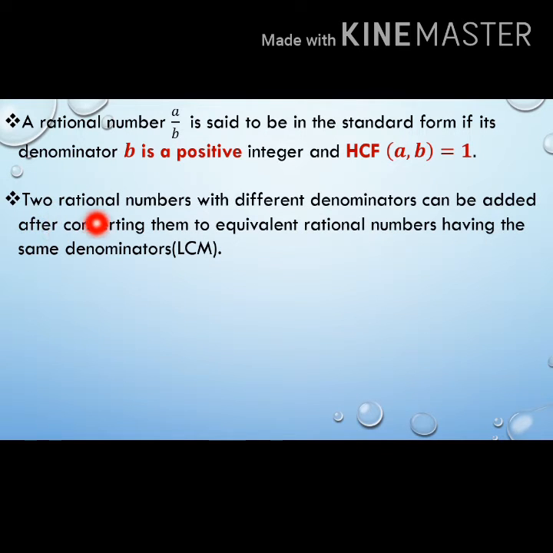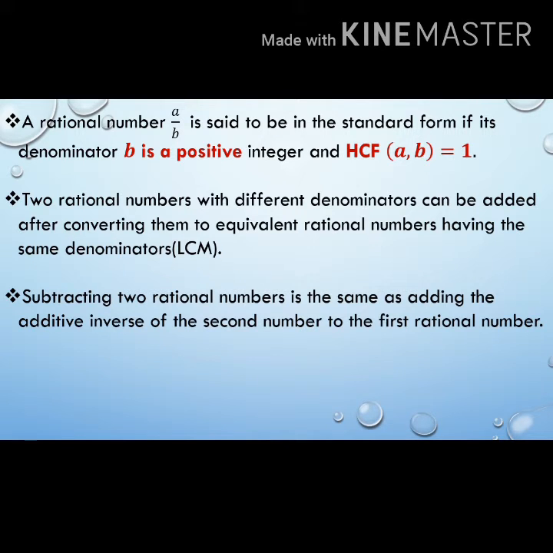Two rational numbers with different denominators can be added after converting them to equivalent rational numbers having the same denominators. Subtracting two rational numbers is the same as adding the additive inverse of the second number to the first rational number.